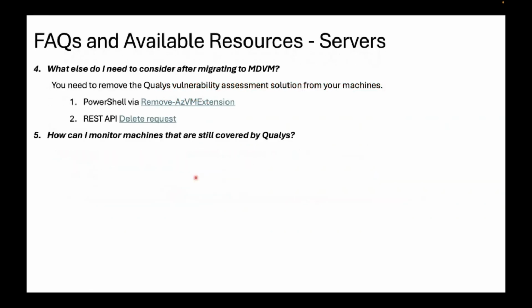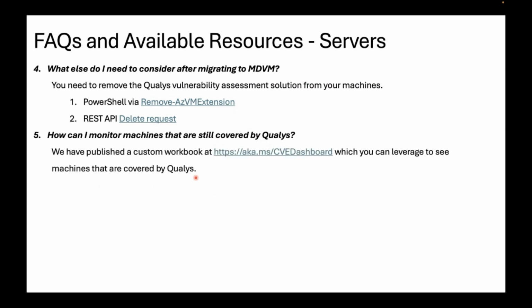Now, how can I monitor machines that are still covered by Qualys? We have published a workbook which you can download at aka.ms/CVEdashboard. This is a workbook that actually was created to give you insights into CVE findings based on either Microsoft Defender Vulnerability Management or based on Qualys. But in the meantime, you can also use it to find out if you have a machine that is still using the Qualys extension, because if you select the Qualys toggle in that workbook, it will show you all the virtual machines that still have the extension and that still have open findings.